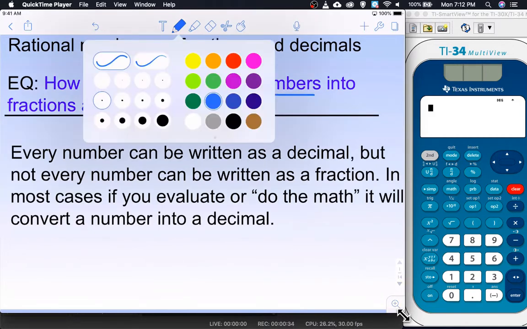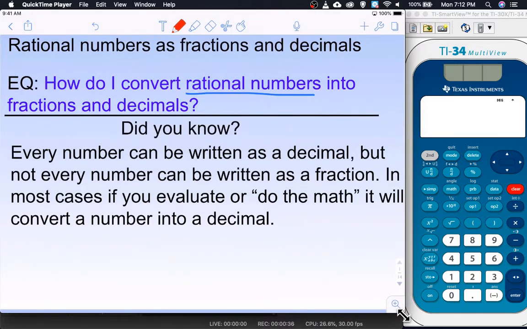And we talked about rational numbers in the previous lesson as well. We learned what they are. Did you know that every number can be written as a decimal, but not every number can be written as a fraction? In most cases, if you evaluate an expression or do the math, it will convert a number to a decimal.